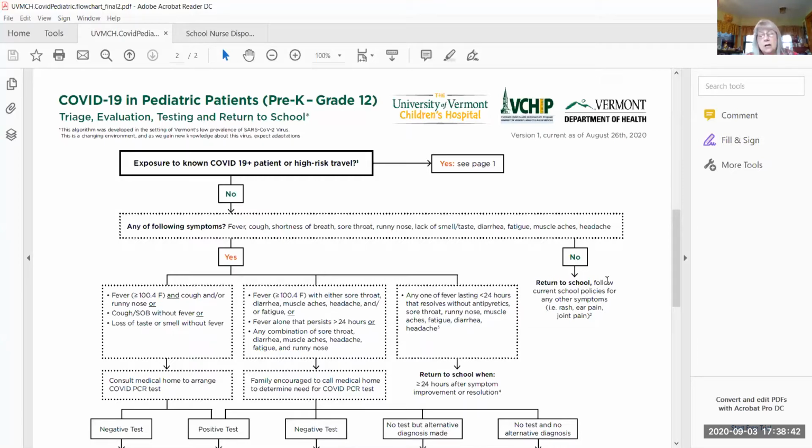It's not necessary to send that child home. You can observe them. You can call them back in later in the day to take their temperature again if you feel more comfortable doing that. But you don't have to send them home or exclude them right off the bat.